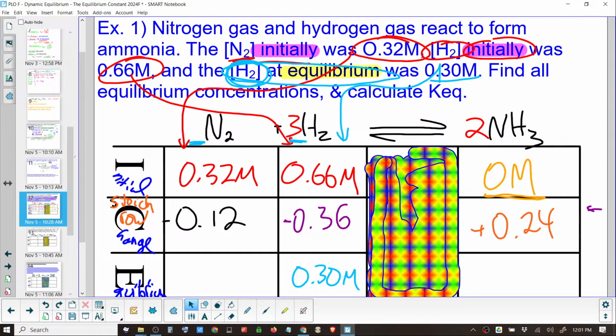We were given these two values in the question, so we know that this went down by 0.36. And then if that went down by that, divide by 3, multiply by 1. This had to have gone down, because this only goes down if it reacts with this one. If these both went down by that amount, then that divided by 3 times 2, or this divided by 1 times 2, gives you the amount of that they made.